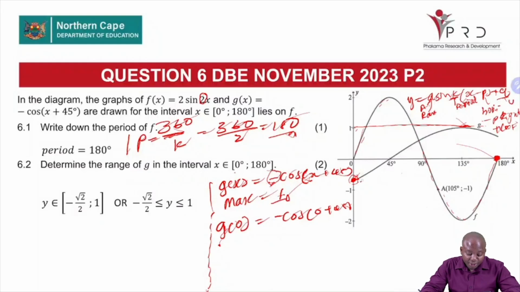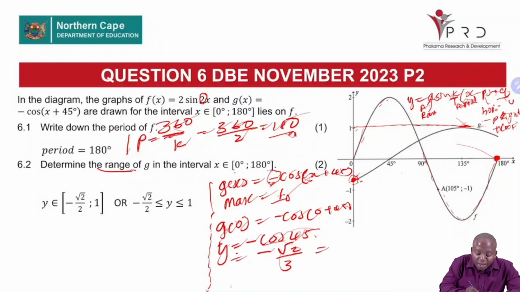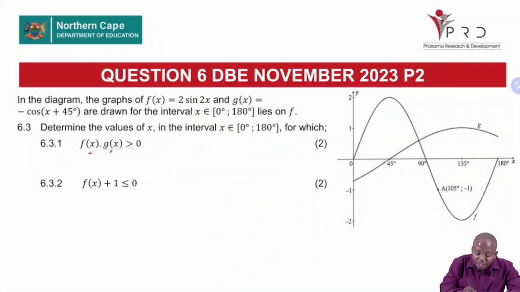Now, moving on. In the graphs, determine for which values of x in the interval 0 and 180, g at x multiplied by f at x will get is greater than 0. This is just to say when you multiply two graphs, you must get a positive value. So when are we going to get a positive value in this case?